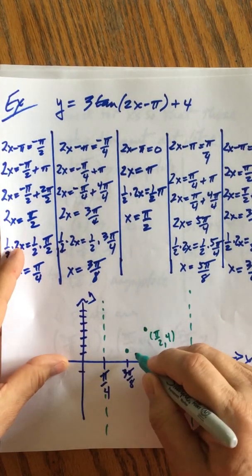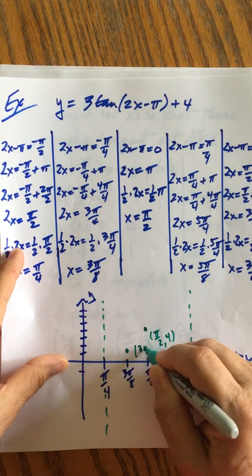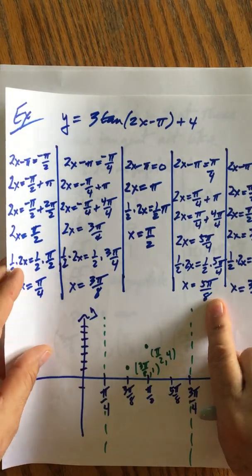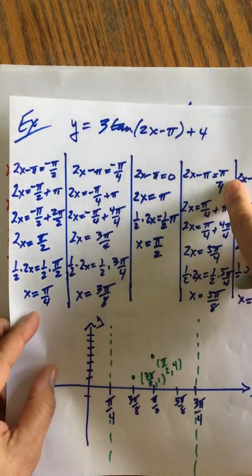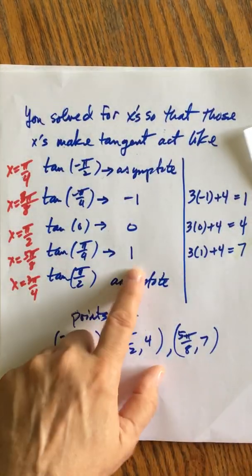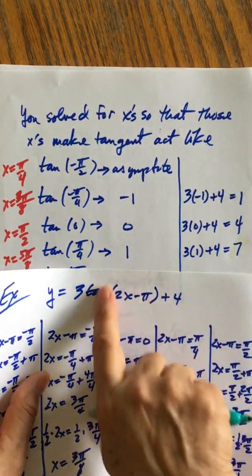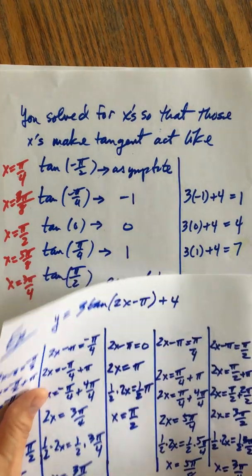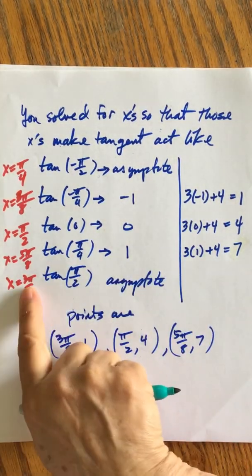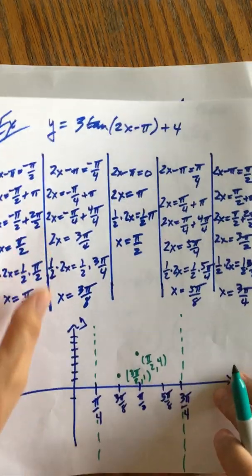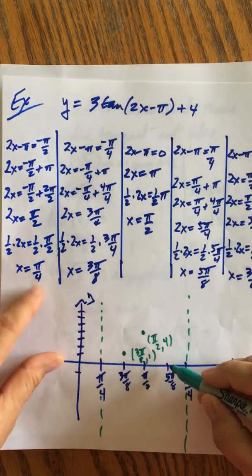And this one was 3 pi over 8 and 1. And then when I put in 5 pi over 8, I'm going to end up taking the tangent of pi over 4, which is 1. So in my equation, I'll have 3 times 1 plus 4, which is 7. So I'm going to go over 5 pi over 8 and up 7.